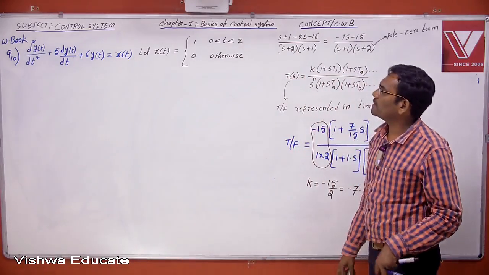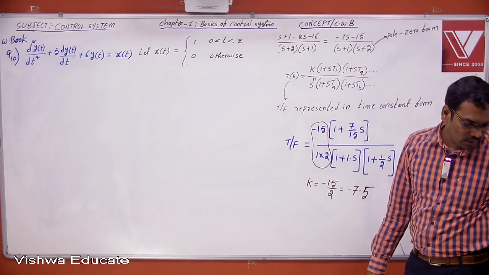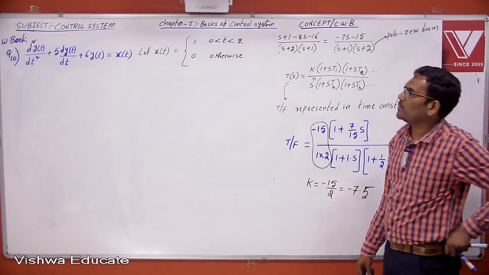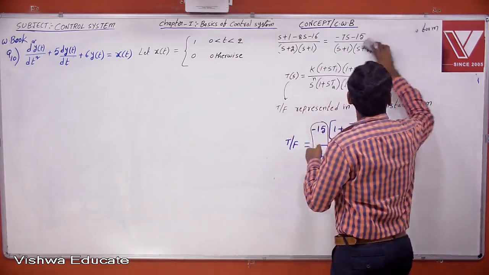Then assume all initial conditions are equal to 0. Then he is asking, Laplace transformation of y of t is dash.